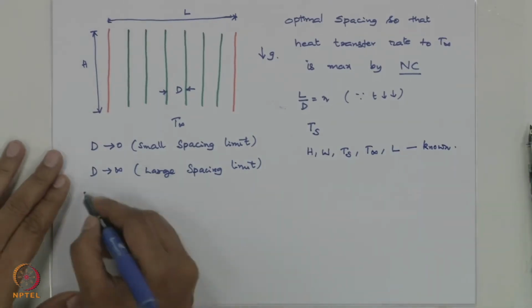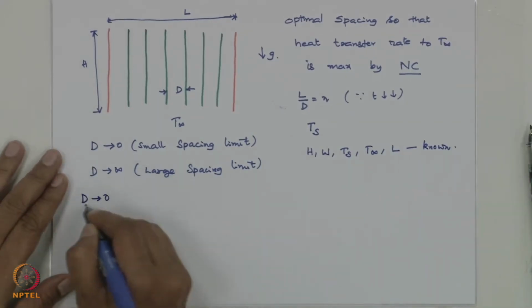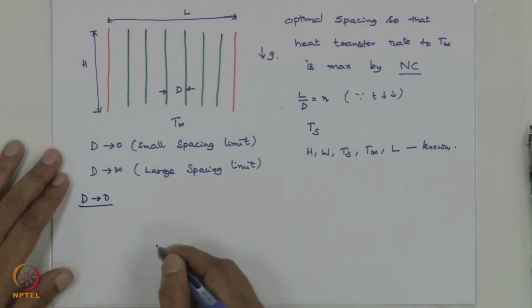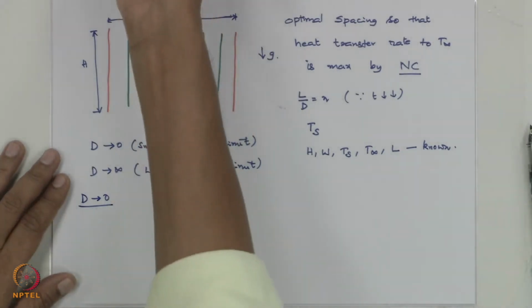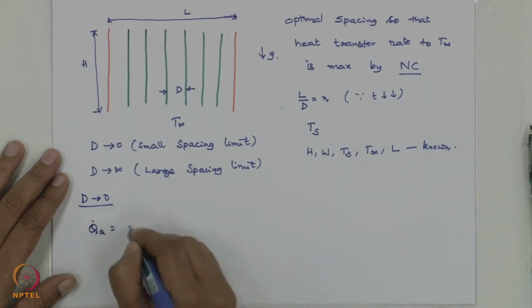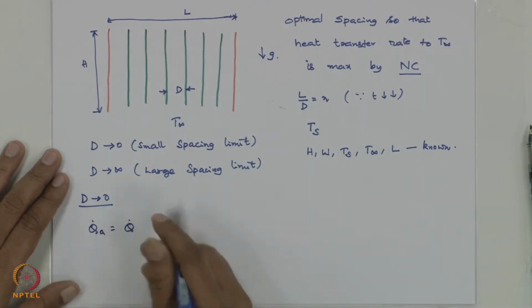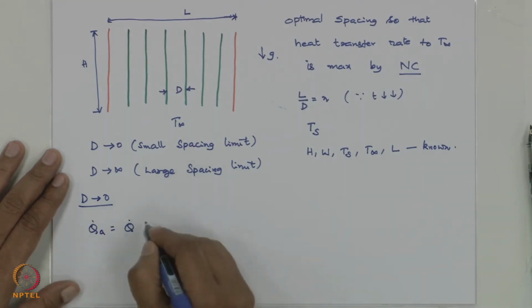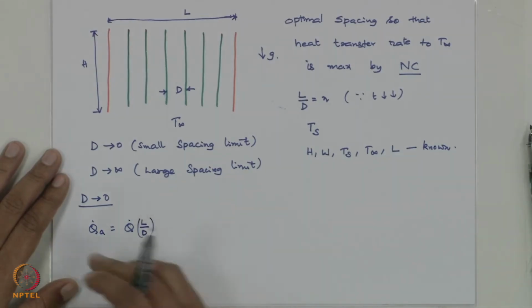So if we take the D tending to 0 case, we have already found just in the previous module that Q dot for two plates, so that is Q dot into L by D, the number of plates.